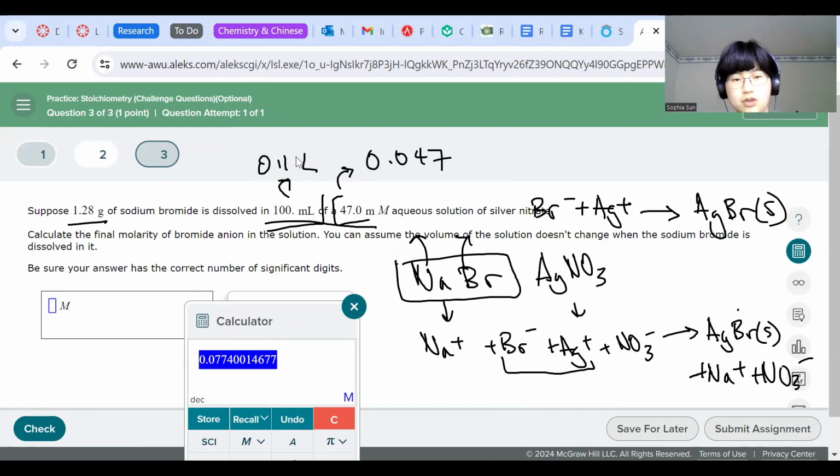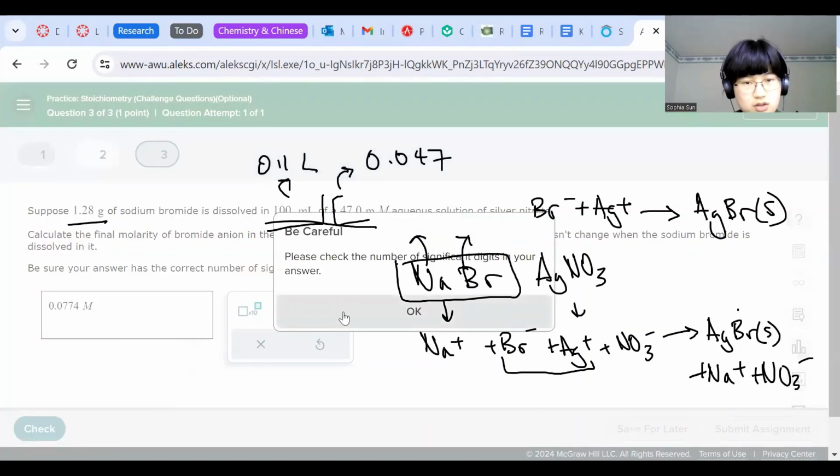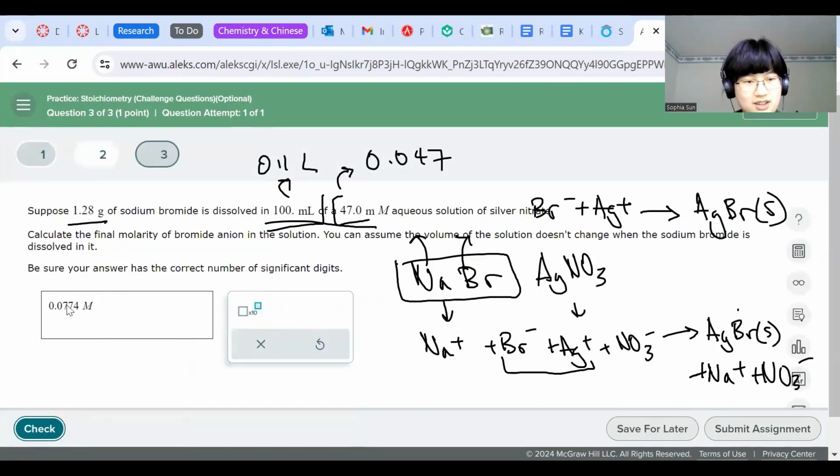However, there should be 2 zeros after this to account for the three significant digits of milliliters. I'm not sure how Alex is going to approach this, so we shall find out. I am going to estimate that they may want 3 sig figs on this question, or maybe not.